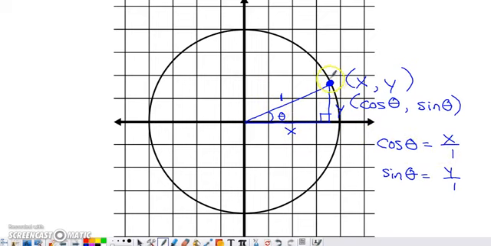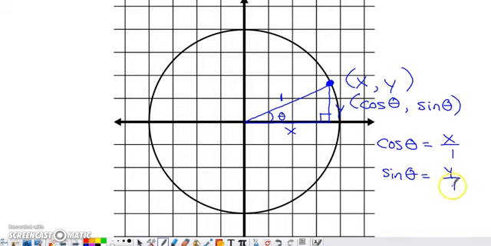What that means is anywhere we sit on the unit circle, the x-coordinate of the point we're looking at is always going to correspond to cosine of the angle that we're opening up with to get to that point. Similarly, you can develop a relationship between theta and y with the sine ratio. Sine of theta is opposite over hypotenuse.